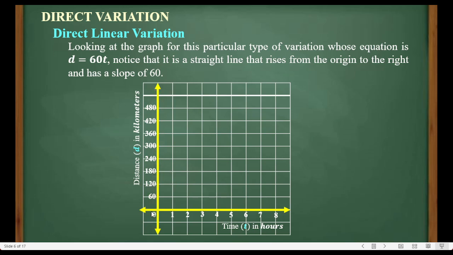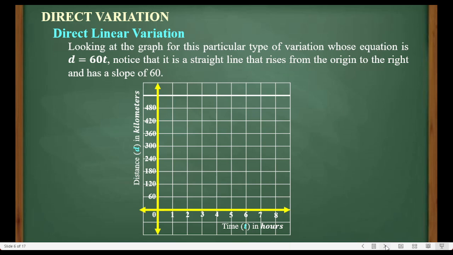So this is the y-axis or the vertical axis, and this is the horizontal axis. Now, the coordinates along the vertical axis are the distance in kilometers, and the coordinates along the horizontal axis are the time in hours.